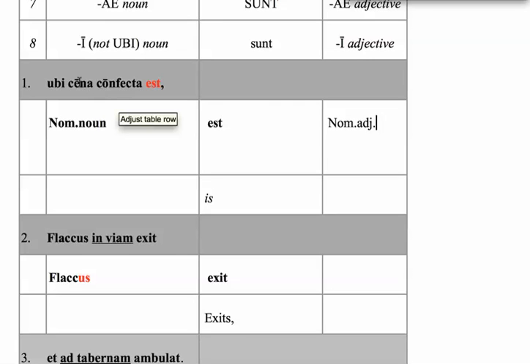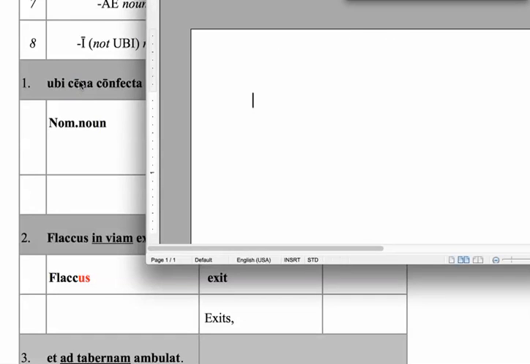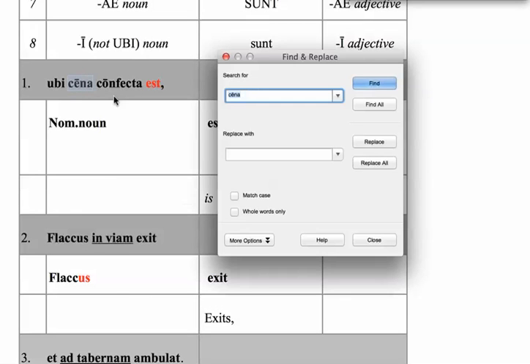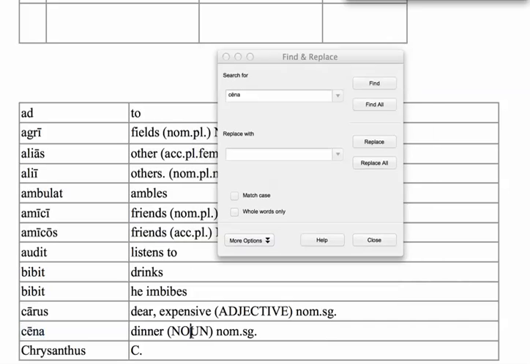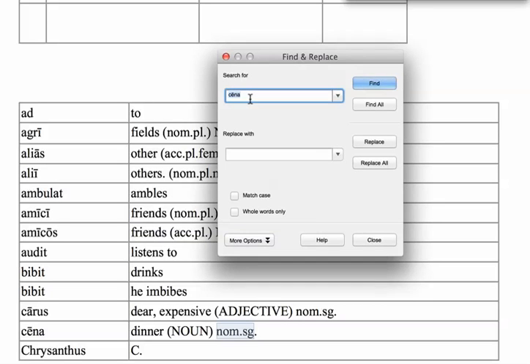Okay. So in this case, we can look in the vocabulary if you're unsure what cena is, noun or adjective. Okay, and it says here it means dinner. In Latin, that's a noun, as it is in English, and it says it's nominative and singular.